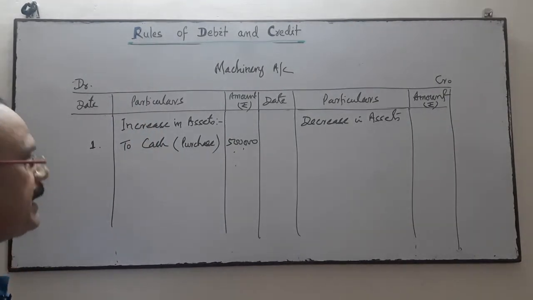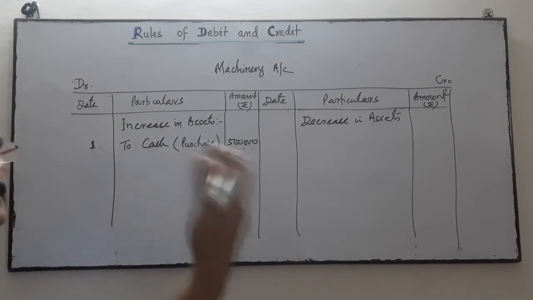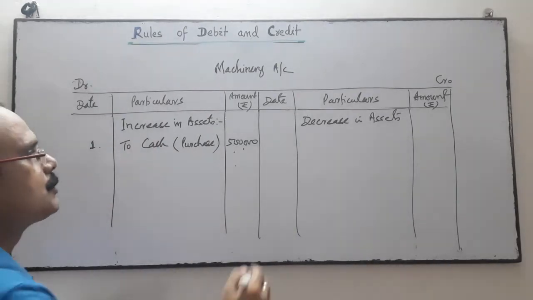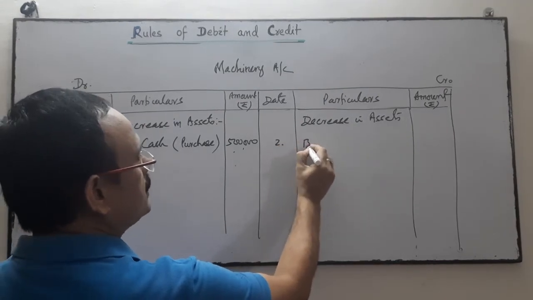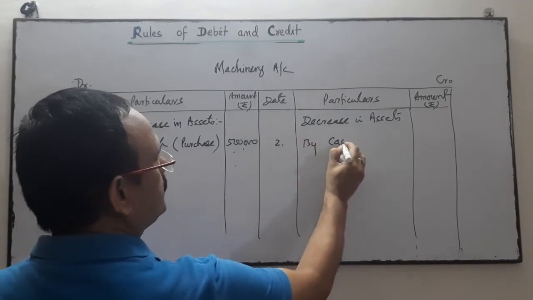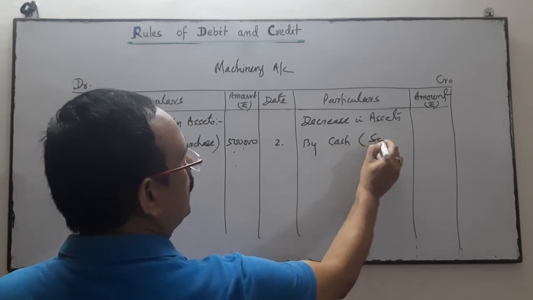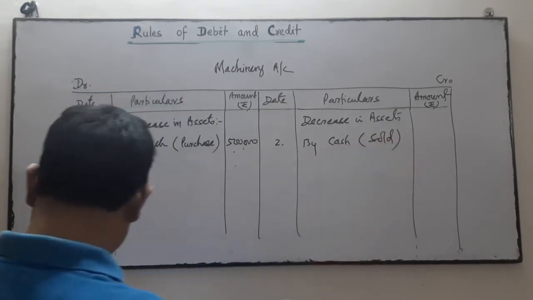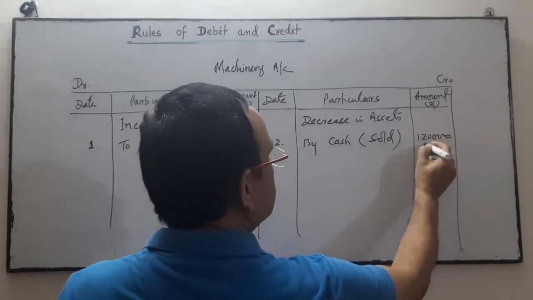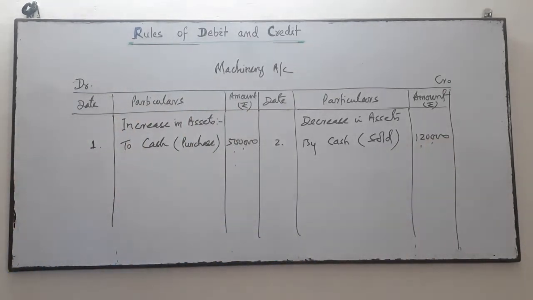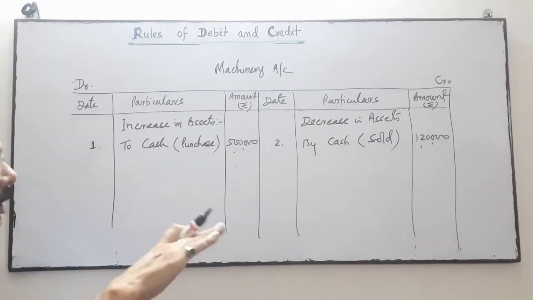Next is machinery sold. When we sell the machinery, machinery will decrease. So we'll write on this side, transaction number 2, sold, by cash. It is sold for 1,20,000. So here machinery will decrease, assets will decrease from the business because machinery is sold.